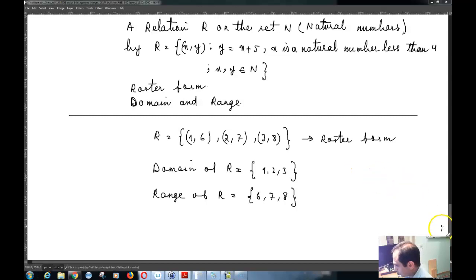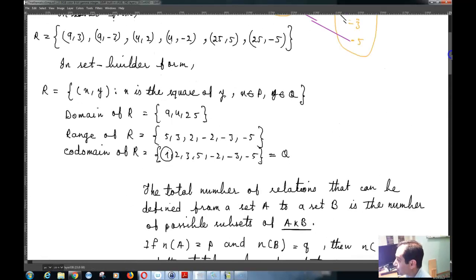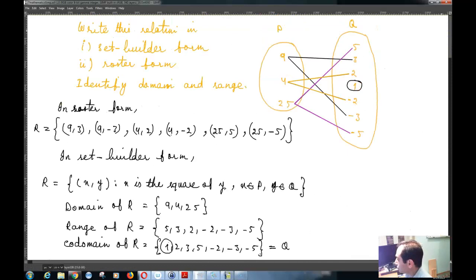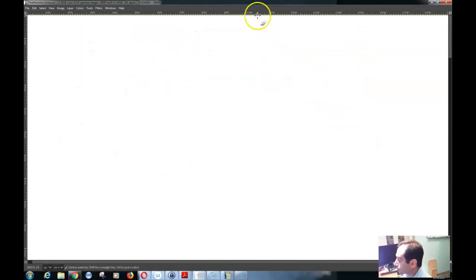Another question. A is a set of natural numbers 1, 2, 3, and 5.